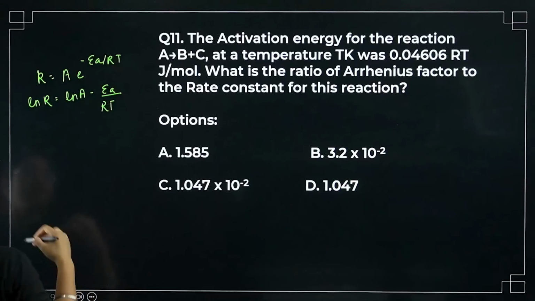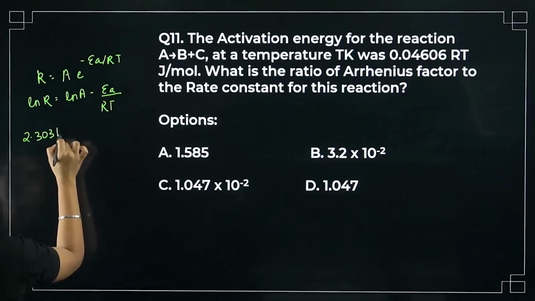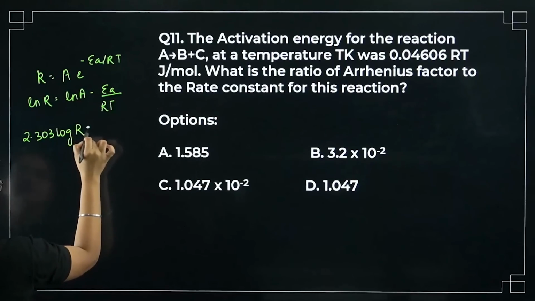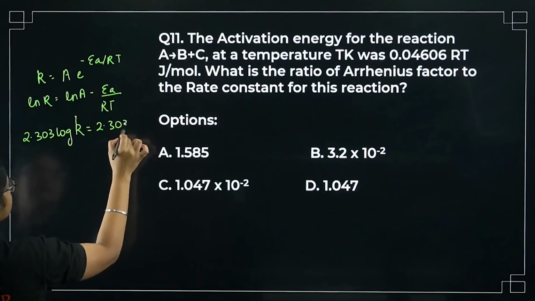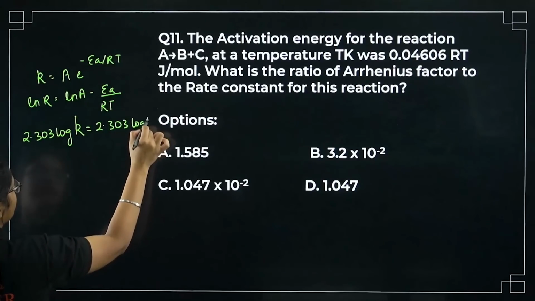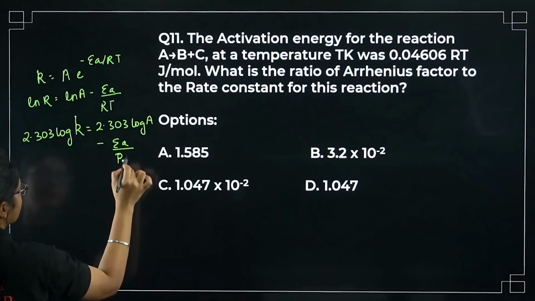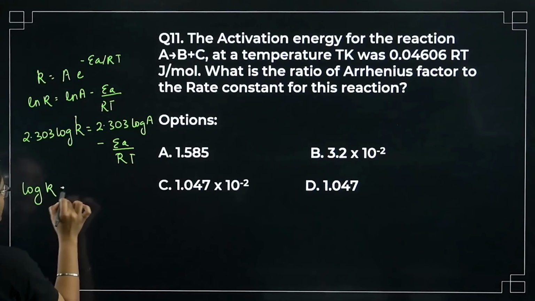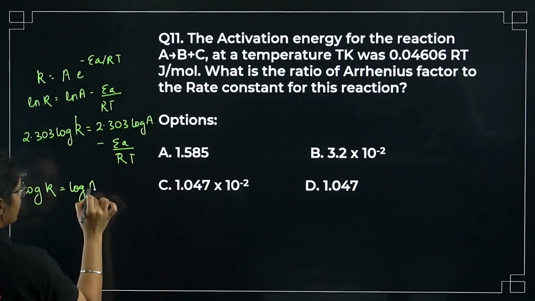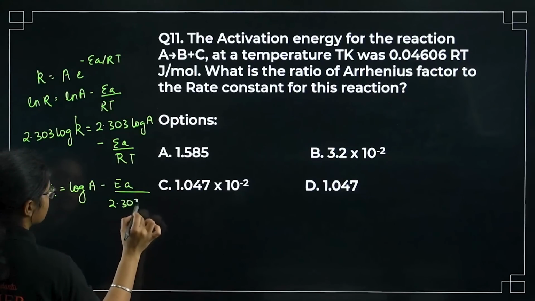Now if I convert it into log, I get 2.303 log K is equal to 2.303 log A minus EA by RT. Now if I just want to write in terms of log, I'll get log K is equal to log A minus EA by 2.303 RT.